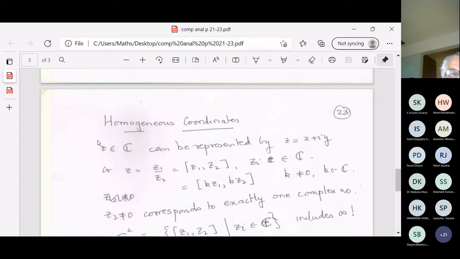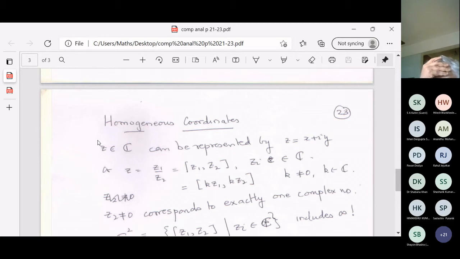So what are homogeneous coordinates? If you have a complex number, there are two ways of describing this complex number, which are very different from each other. Okay, the complex number can be represented by this x plus iy. Okay, x and y are real.